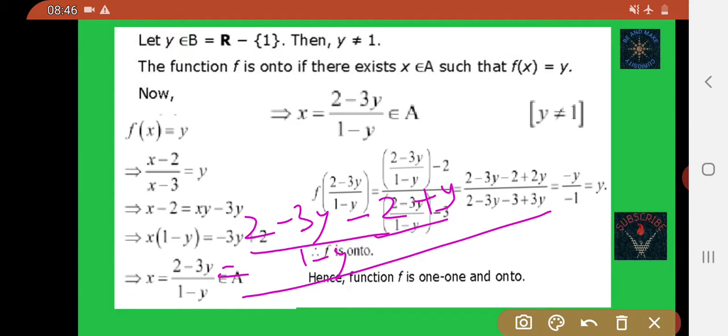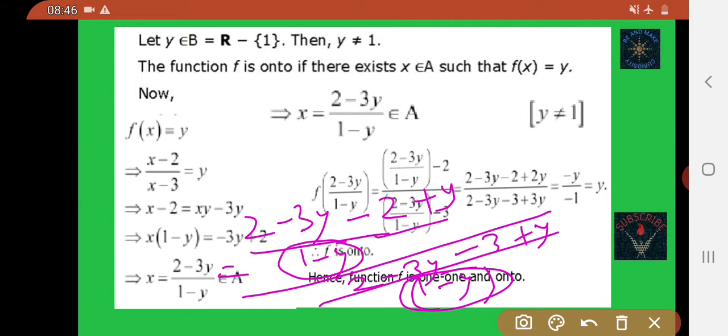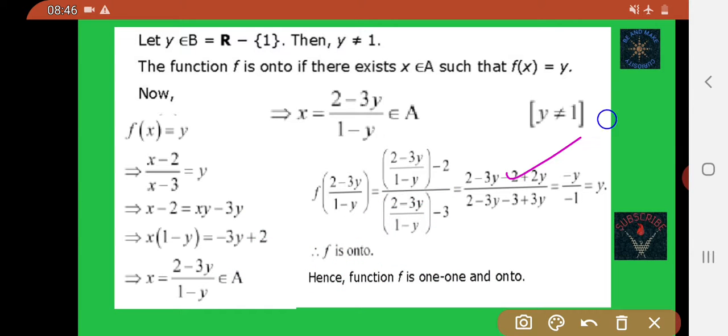In the denominator, similarly you take LCM, then 2 minus 3y minus 3 plus y. Here 1 minus y, here also 1 minus y, so cancel, you get this much.